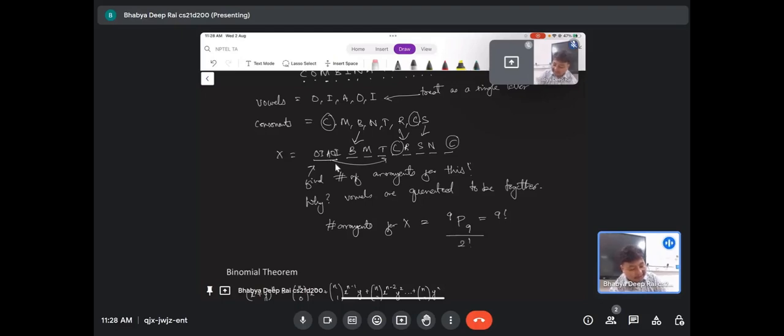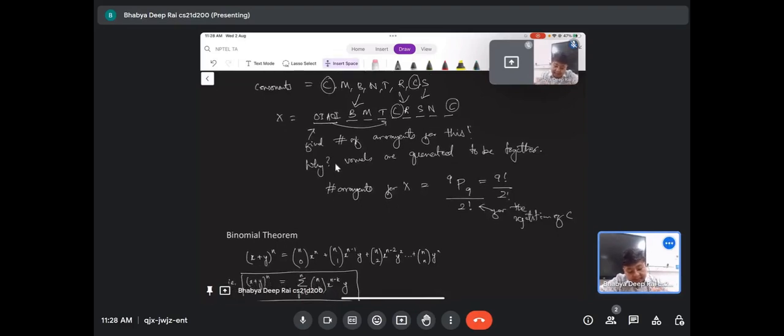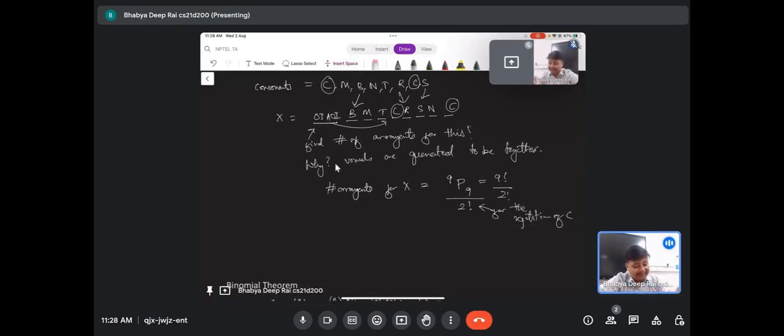Divided by 2 factorial. This is for the repetition of C. Okay, good. Now again, is this 9 factorial by 2 factorial the final answer?